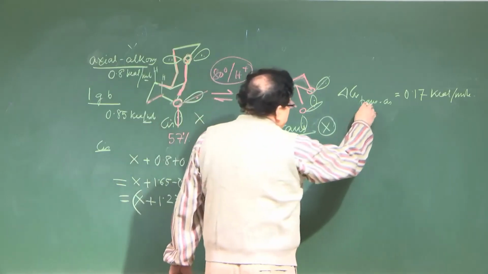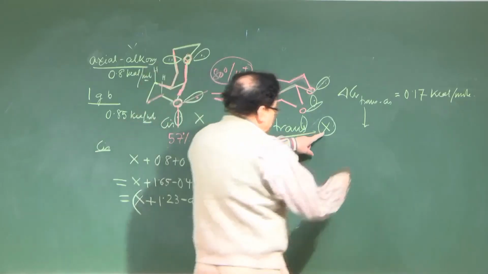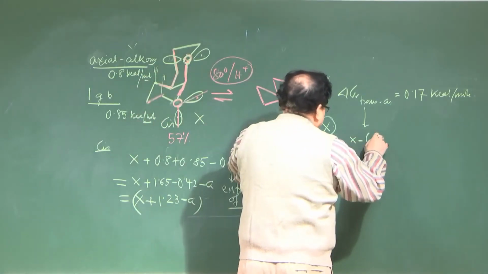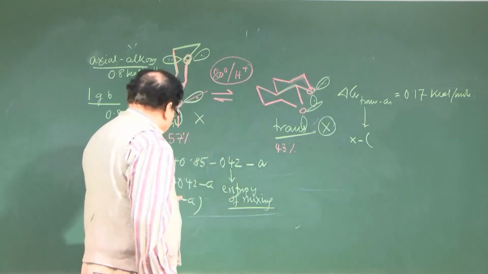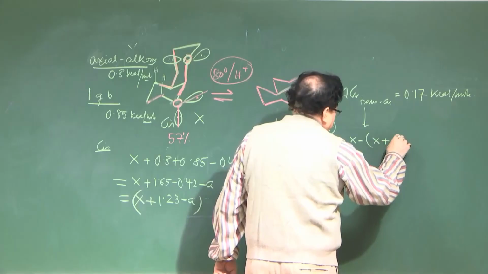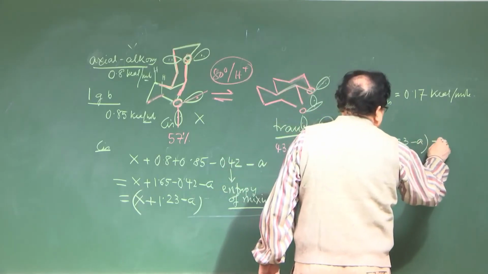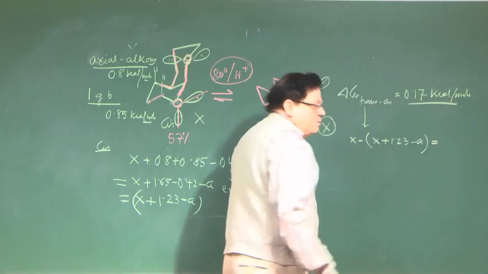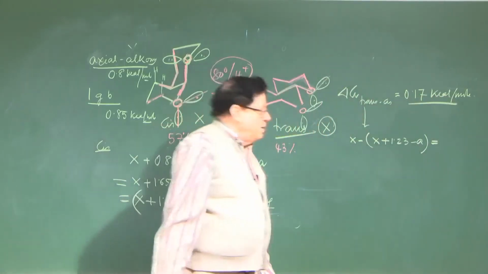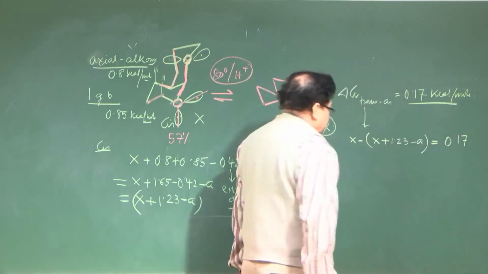So, now the difference between trans and cis: the trans is x, minus x plus 1.23 minus A, where A is the anomeric effect, and that value you know already from the equilibrium constant measurement; this is nothing but 0.17.